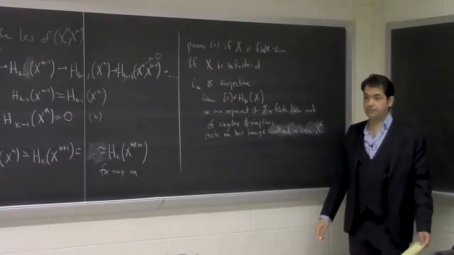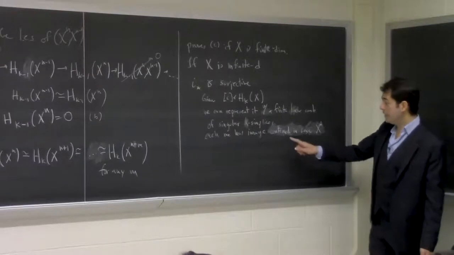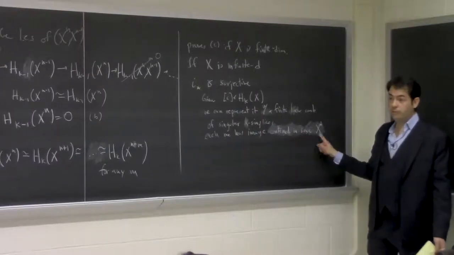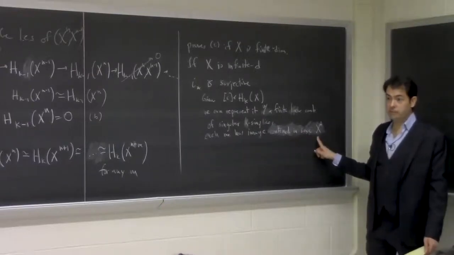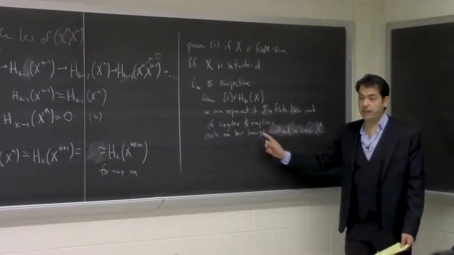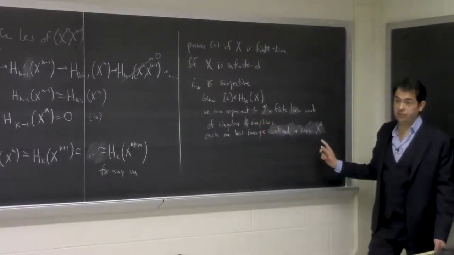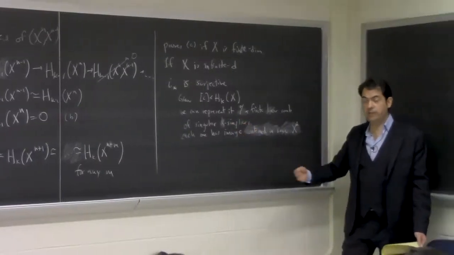Let's just say it like that. Each one has image contained in the L skeleton for some L. And since there are only finitely many, I can pick L large enough so that the L skeleton contains all of the images.